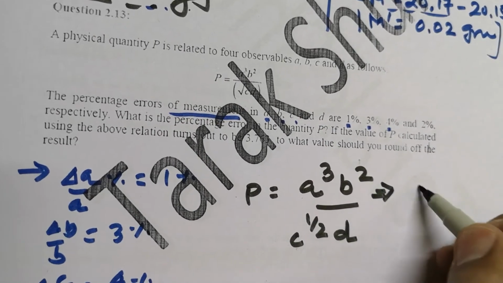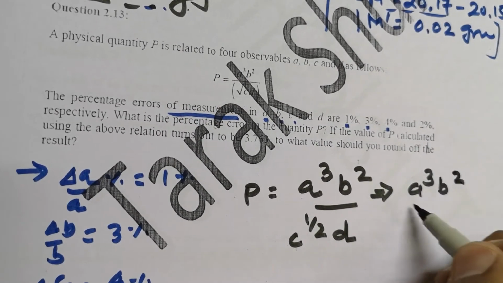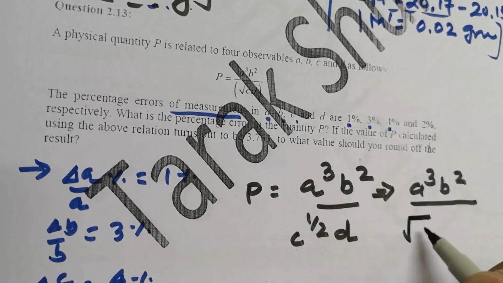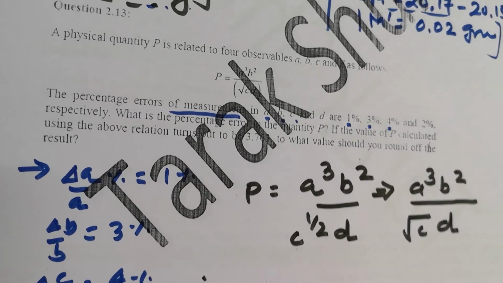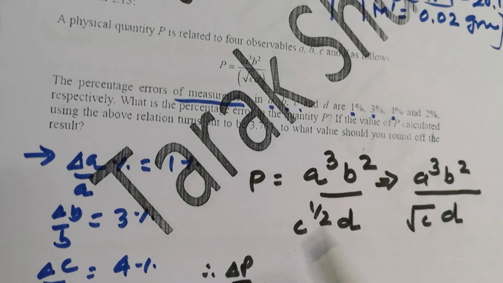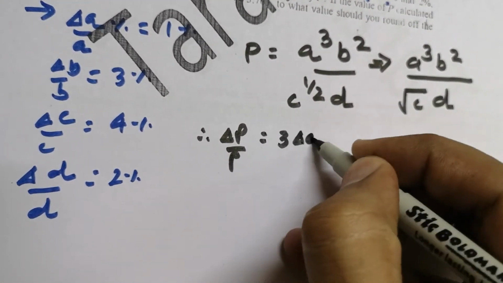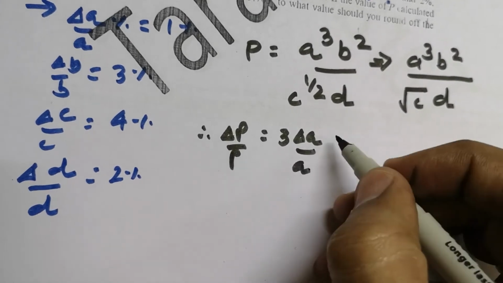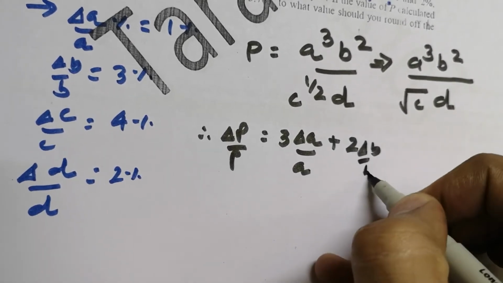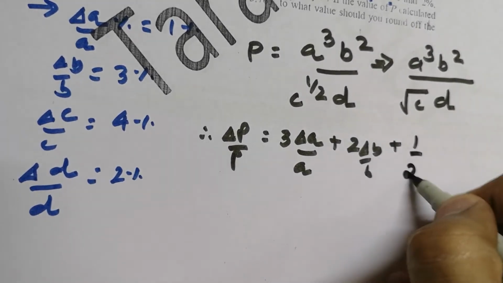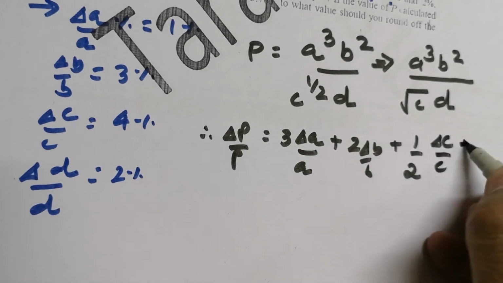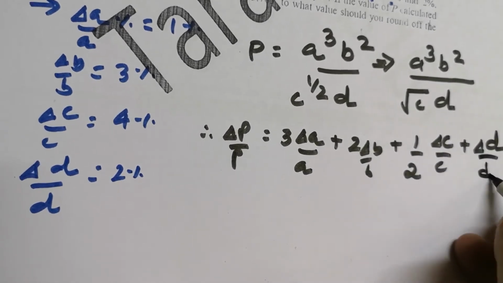First of all, I am converting this expression in a very simple manner: a cube b square, under root of c, and d. As per our notation, delta p by p equals 3 times delta a by a, 2 times delta b by b, 1 by 2 times delta c by c, and only d by d.